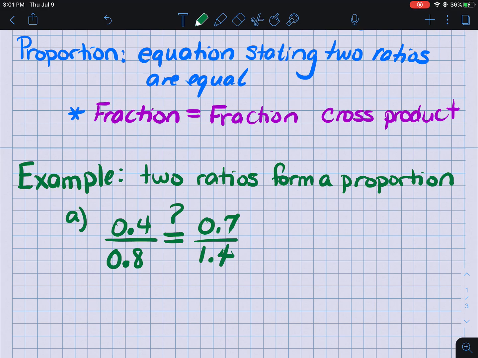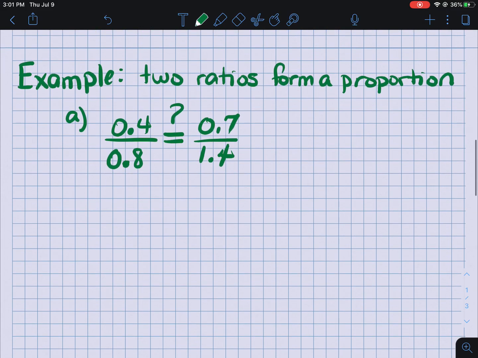A quick and easy way to do this, now you could simplify each side, quote, reduce each side. I don't like to use reduce because we're not making it less. Or you can use cross product. Because I'm teaching cross product, that's what we're going to do. There's a lot of different ways to do this. So I usually do this. It's the top of one side times the bottom of the other side. So 0.7 times 0.8.